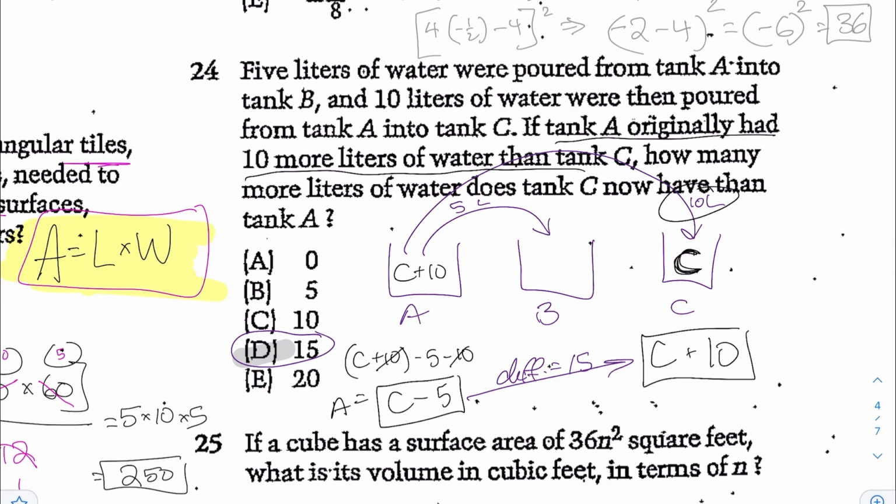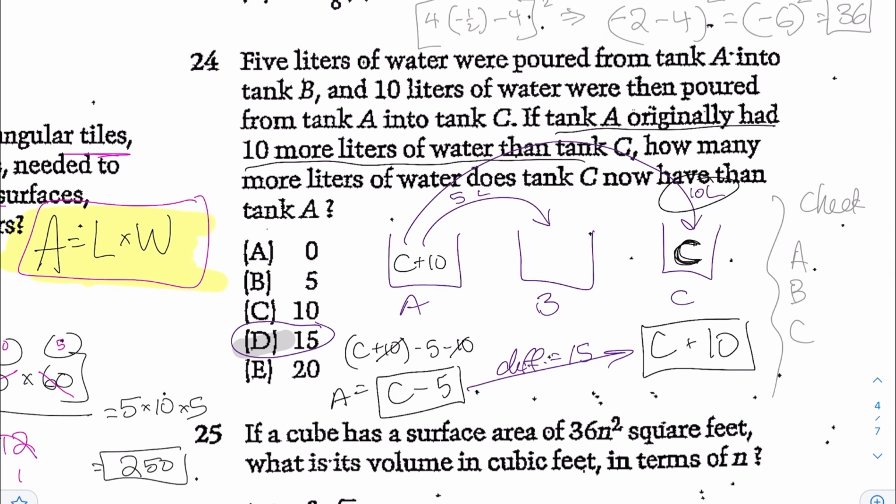You can also start with random numbers, for example, if you check your work. So you know the only restriction is that if, let's say, C has 10 liters of water, A must have 10 more than C. So A will have 20. Now you pour 5 from A to B. So now let's say B had 0 in the beginning, doesn't really matter.